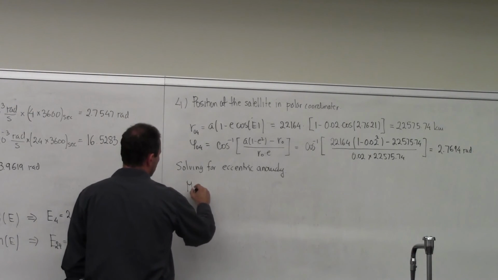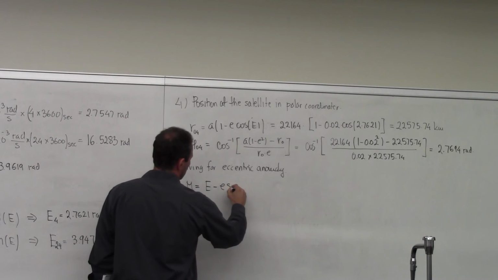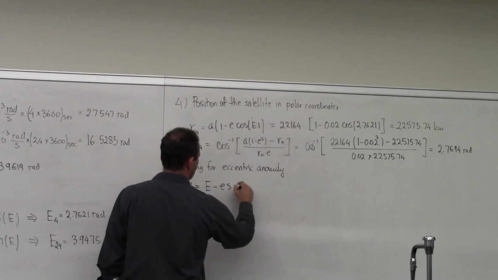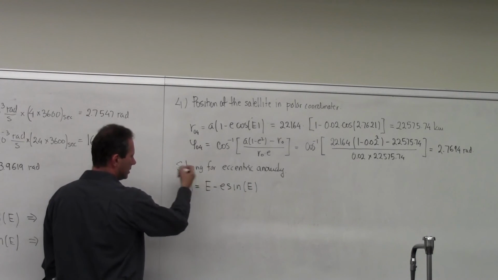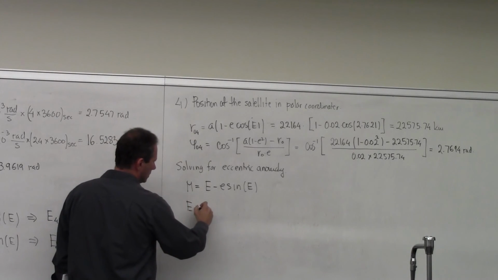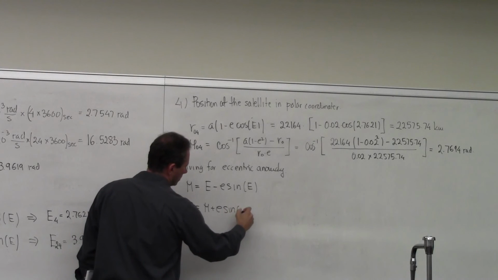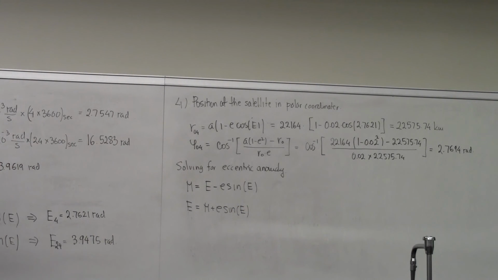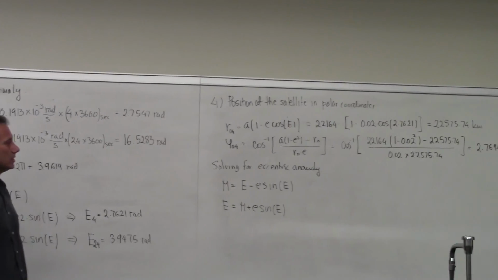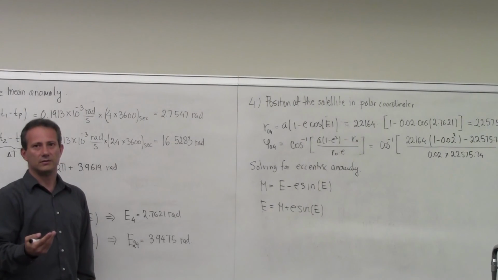So here's the equation that we start with: M is equal to E minus e sine of E. Here I can take this e to the other side and say E is equal to M plus e sine of E. Just a simple manipulation of this equation. You have to remember that in most circumstances e is relatively small.